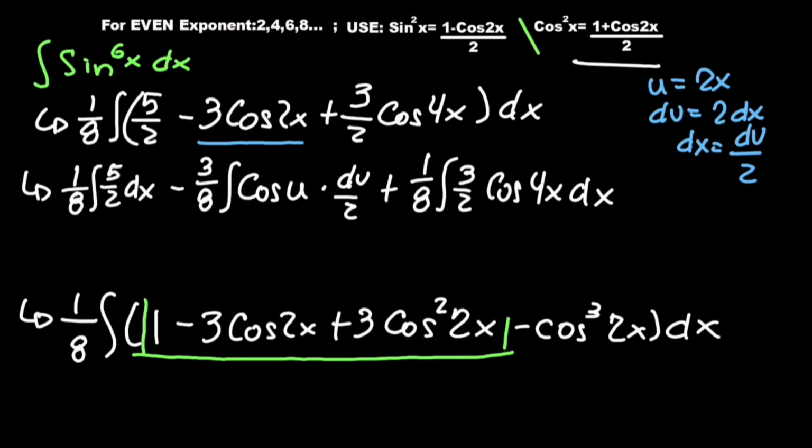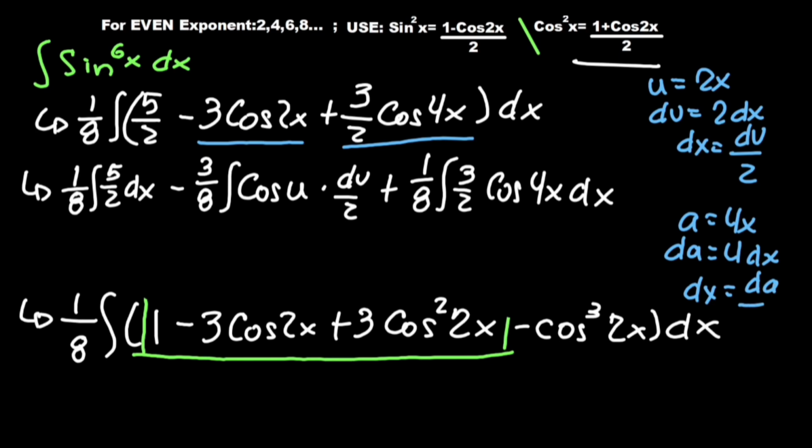And so we can now focus on this one next. Let a here be 4x. Derivative of 4x would be 4 dx. And so dx would be equal to da over 4.